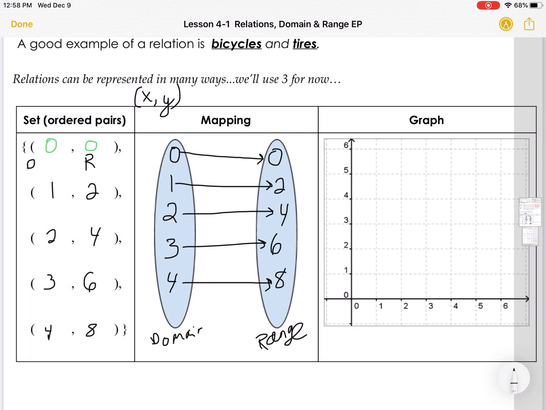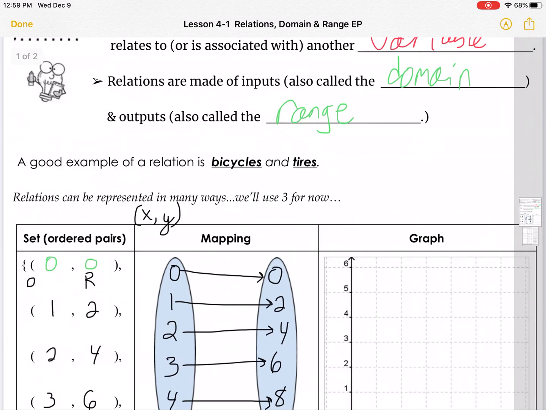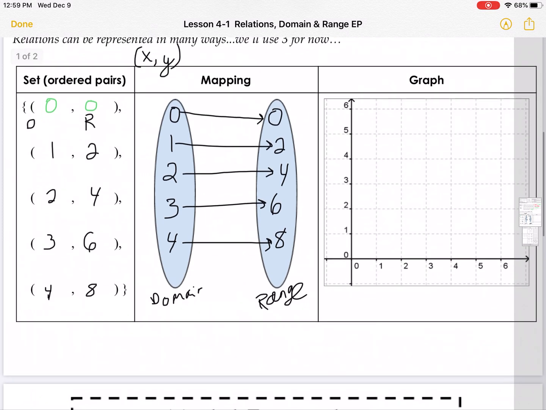Now, if I wanted to represent this on a graph, when I'm graphing points, remember that my horizontal axis is my x-axis, and my vertical axis is my y-axis.